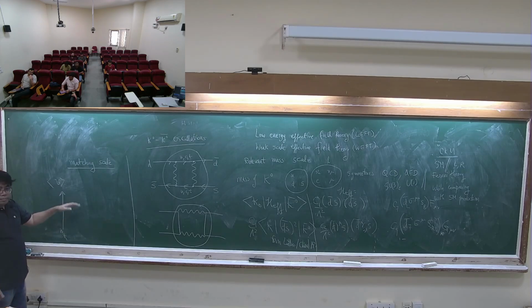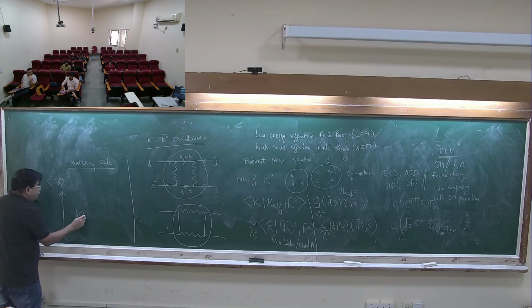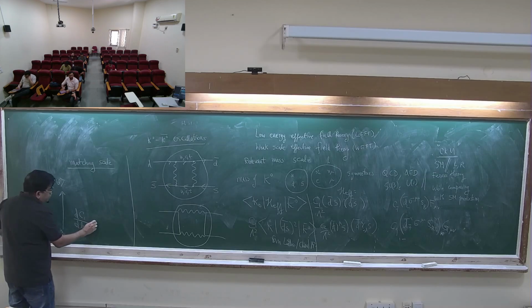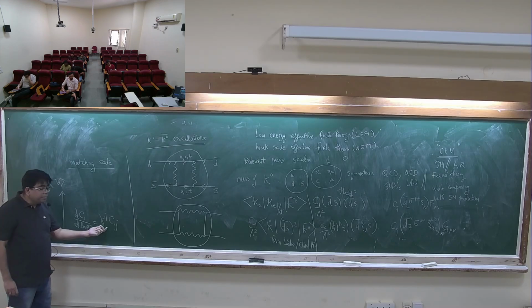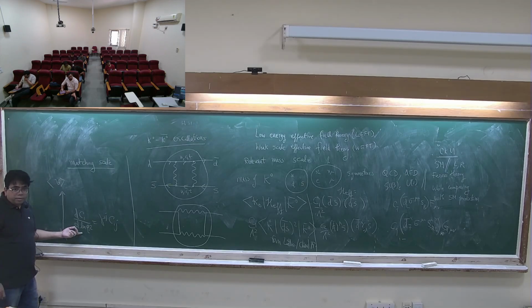How do I run them? There will be something called anomalous dimensions, which determine the RG equations of these Wilson coefficients.